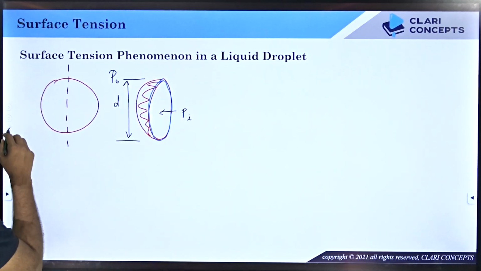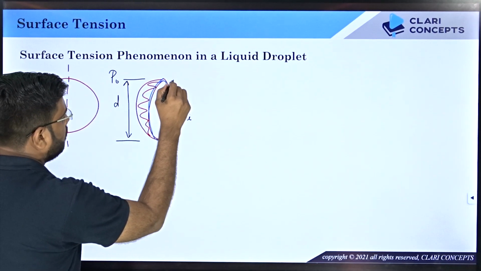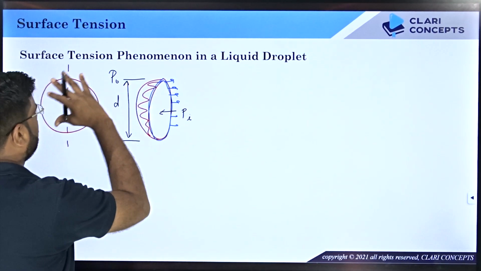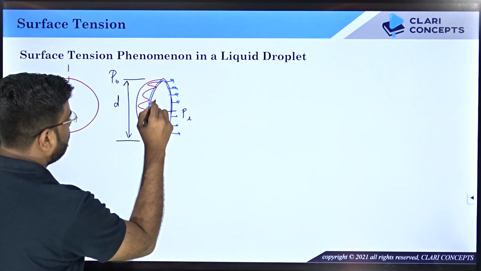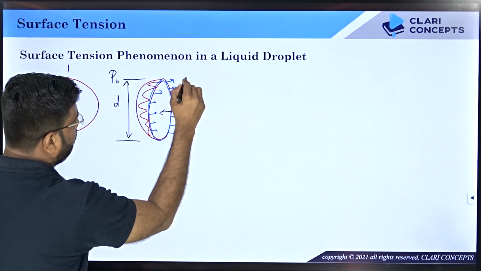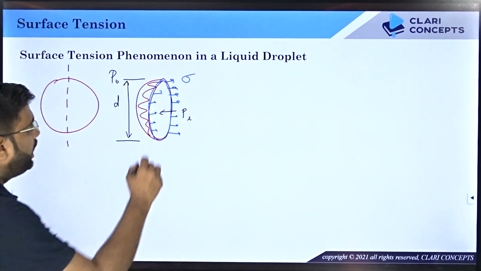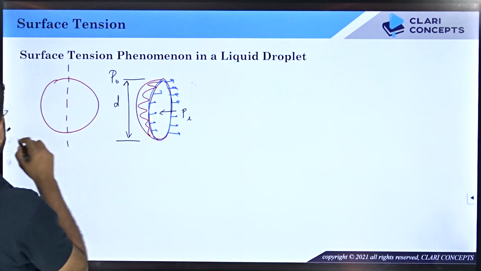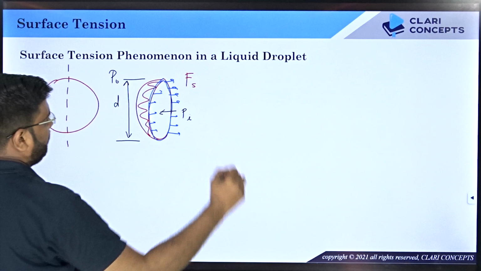Also, all these liquid molecules at the surface will be pulled by the adjacent other half of the molecules because of surface tension. So this force will be the surface tension force. Let me write it as Fs, where Fs represents the surface tension force.